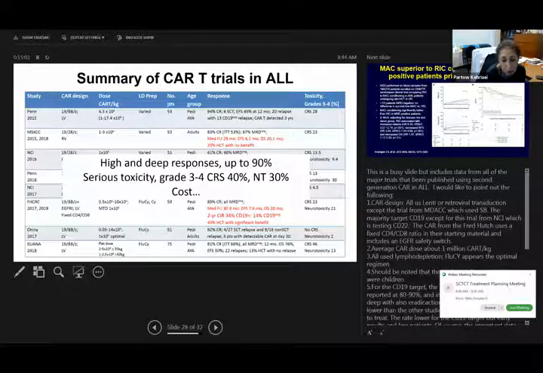But I would say even more importantly, it's associated with almost prohibitive cost. So I'm not sure that CARs would be the first agent I would go to try to eradicate MRD prior to transplant, but it is an option for those patients who have exhausted all other therapies.